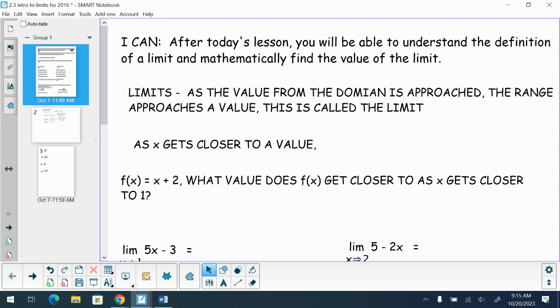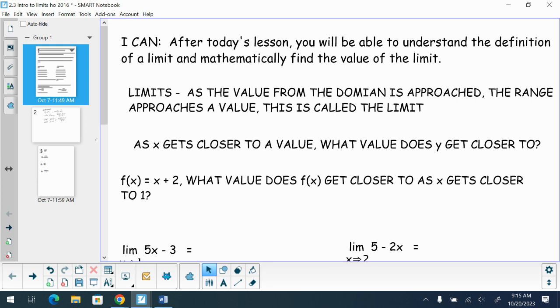And we can, I don't want to say dummy it down, but we can water this down or put it back into our brain's ideas. As x gets closer to a value, what does y get closer to? As x approaches a value, what does y get closer to?